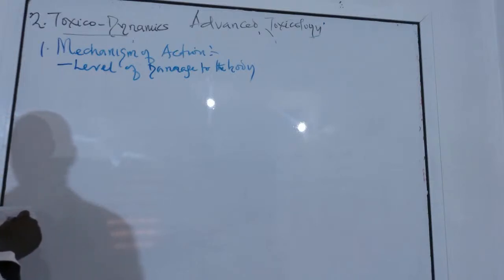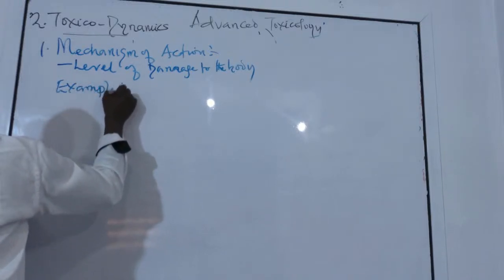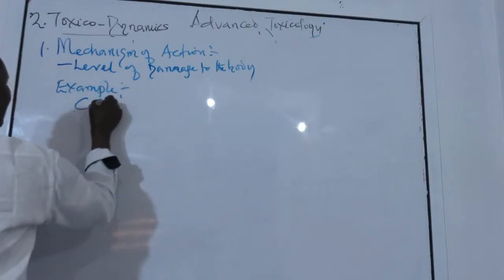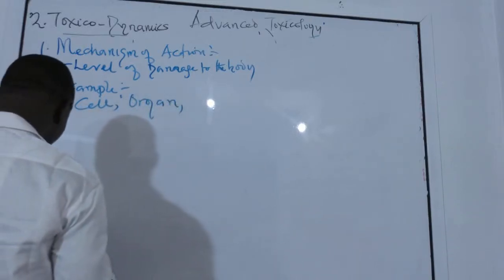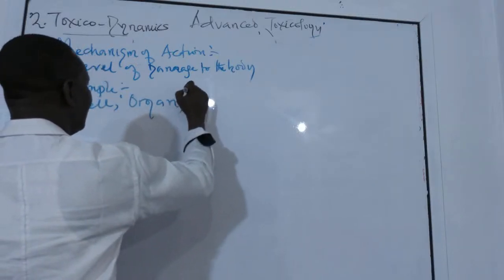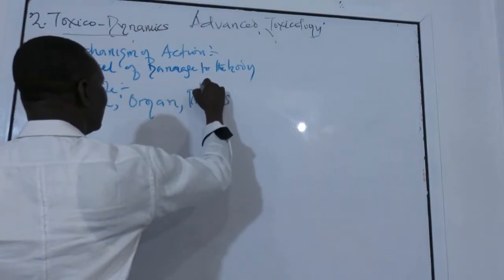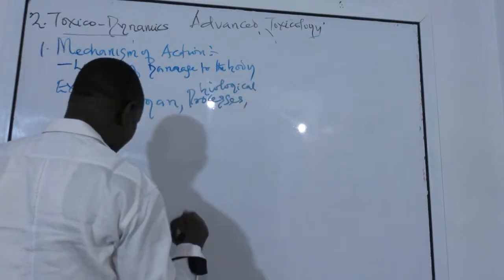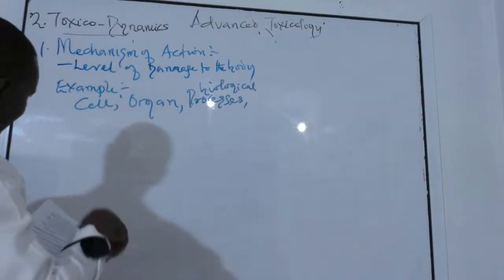Don't forget the examples which we have mentioned. Some of them will cause damage to the cell, some will cause damage to the organ, and some will interfere with biological processes like protein synthesis, signal transduction, and receptor binding.